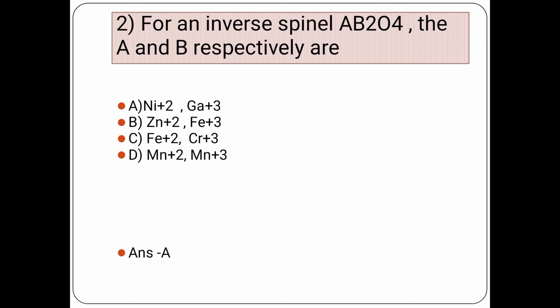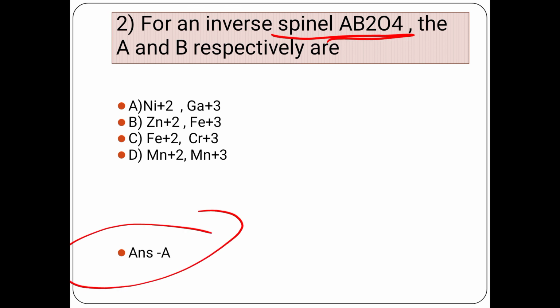Coming to your second example. For an inverse spinel, you have to tell what A and B respectively are. So you need to know, to make this particular structure an inverse spinel, what atoms of A and what atoms of B you are going to put. Now, this example I'll leave up to you all to solve.